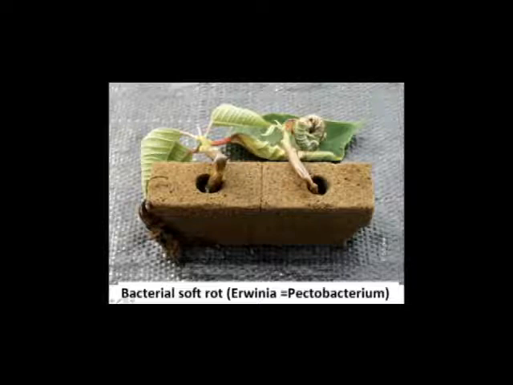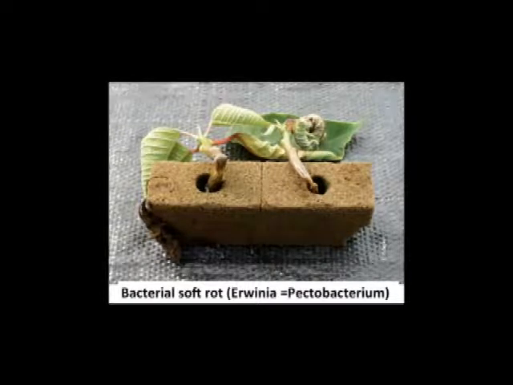This is another pathogen that is problematic in the stems, and it's called Erwinia carotovora. But since then, some taxonomists have decided to call it Pectobacterium carotovorum. So you might see it listed in diagnoses either way.